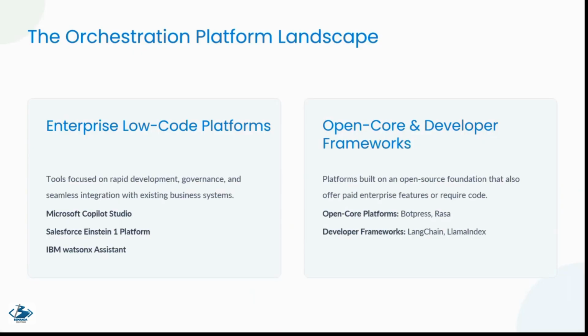When it comes to these platforms, Copilot Studio is an offering from Microsoft, but there are also other companies providing platforms to create agents. Salesforce has its own platform, Einstein 1. IBM has Watson X Assistant. There is another low-code platform from Box.